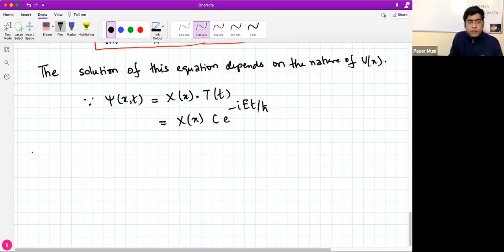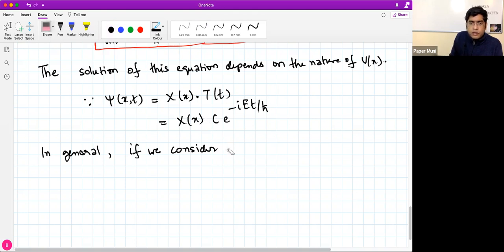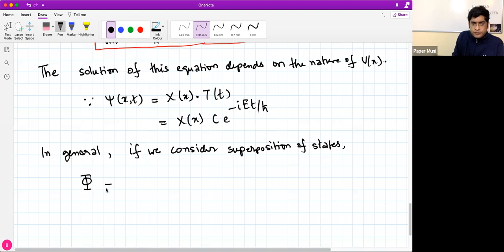So in general, if we consider a superposition of states, we have this function which is a summation over, let's change the variable to k here instead of i.